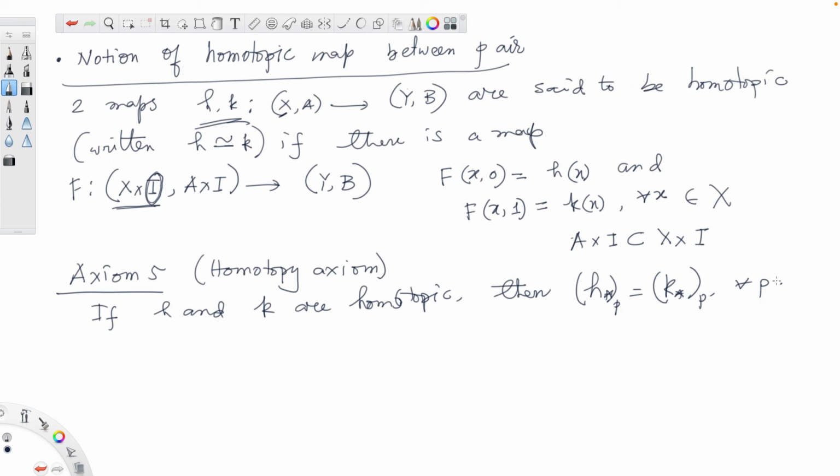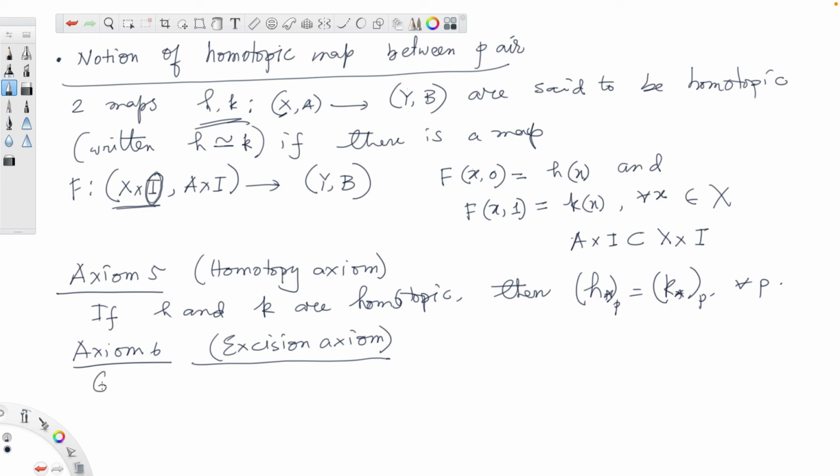Okay, good. Now the sixth axiom, which is known as the Excision Axiom, which generalizes our excision theorem discussed in lecture 3.